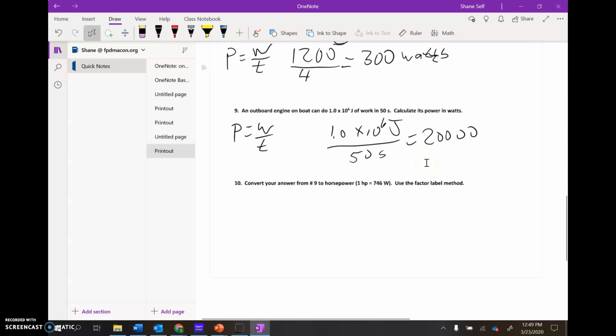All right. Number 10, convert your answer for number 9 to horsepower. And it gives you the conversion. 1 horsepower is equal to 746 watts.